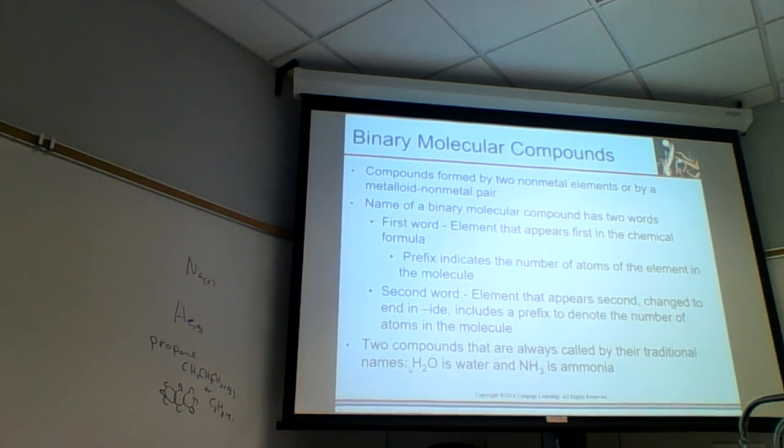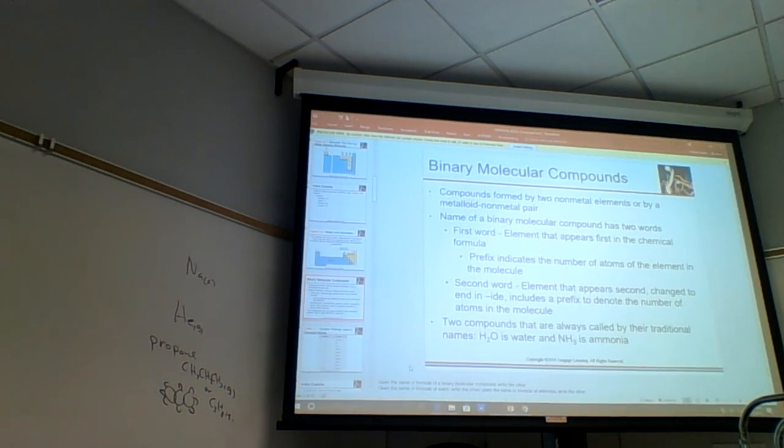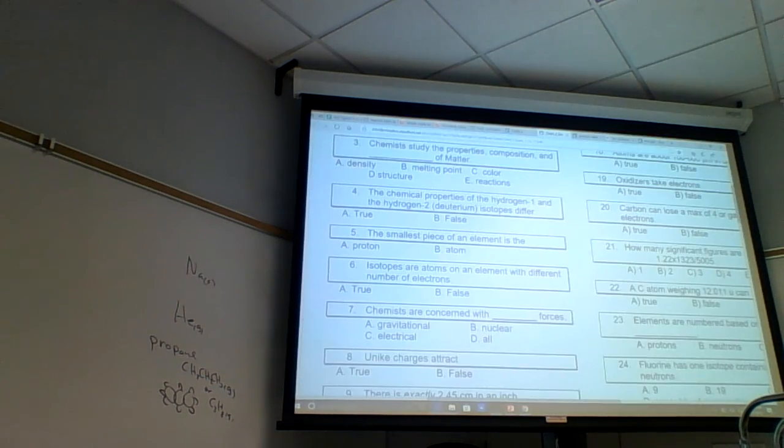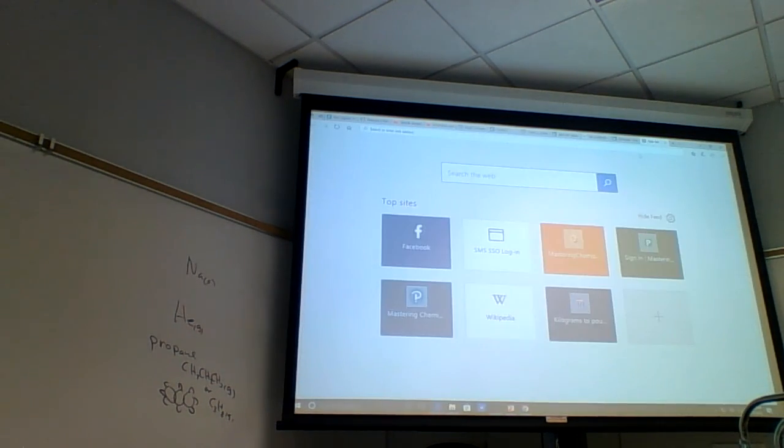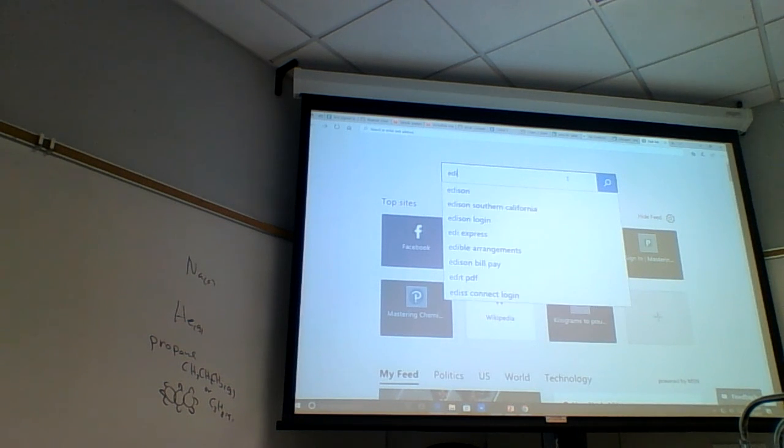The second element, we usually put mono on that. And so, dihydrogen monoxide is just water. But who wants to call it dihydrogen monoxide? Does anybody call it dihydrogen monoxide?